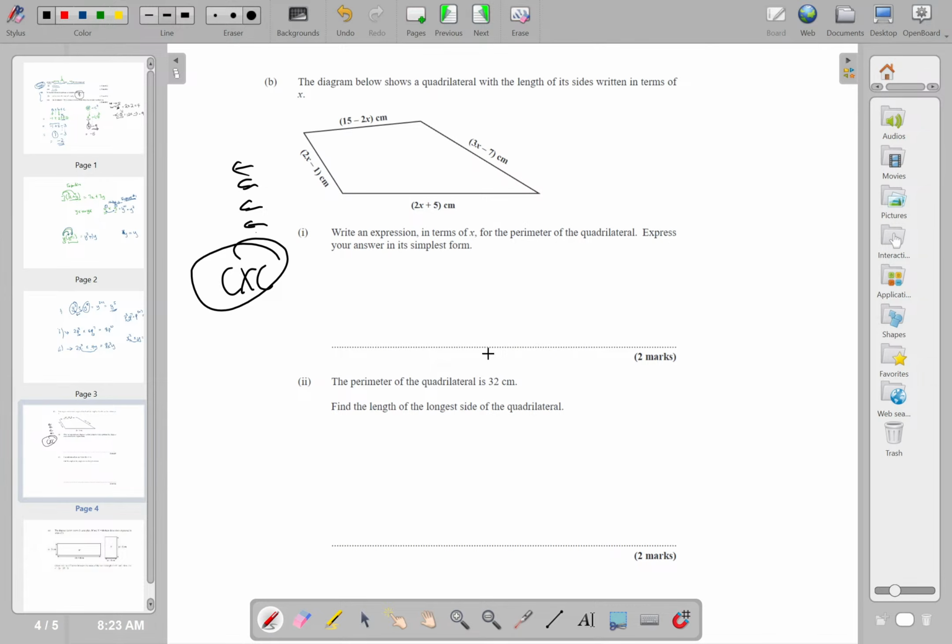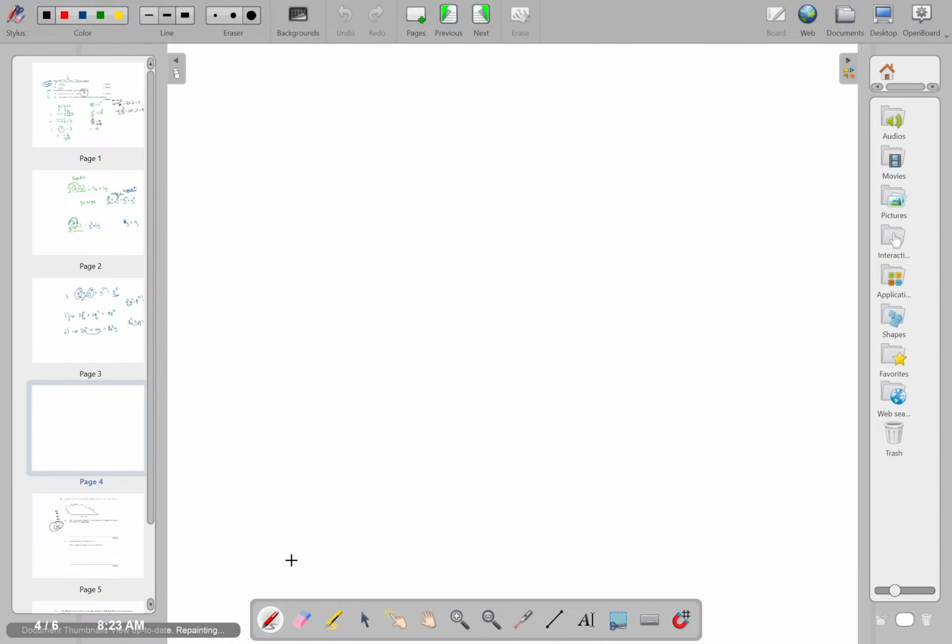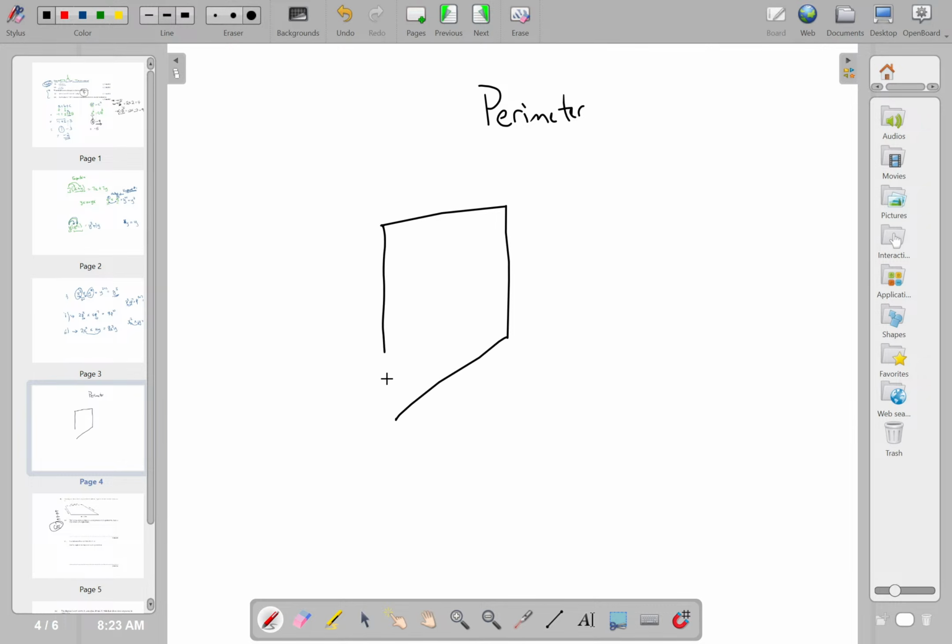Now, what do I need to teach you? I need to teach you some foundational things. We're going to talk about the perimeter today. Suppose we have a house, and this is our house. I'm going to make up a house. I'll put in some measurements also.